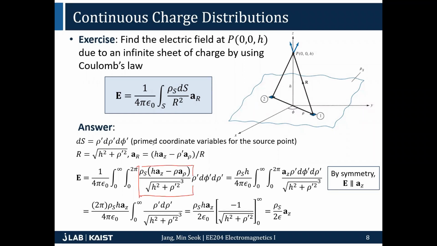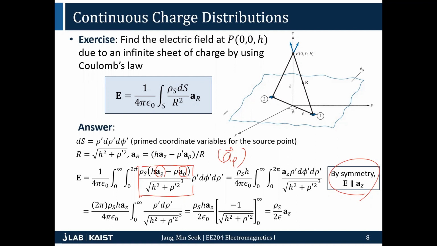You have two components here too, and we know that the rho component is going to go away, so there wouldn't be any a_rho component. We know this even before solving the problem because of symmetry.